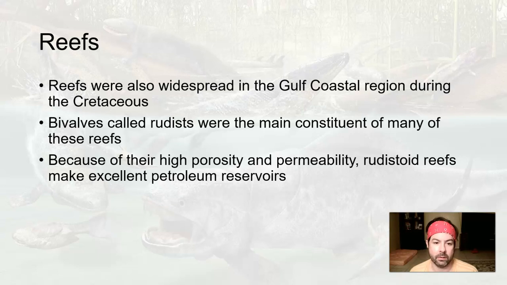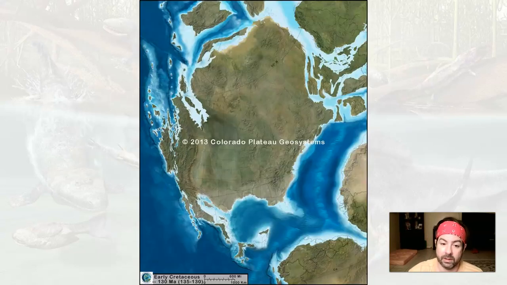The shells themselves have a high porosity and permeability, meaning it's easy for material to get into and out of them. These types of reefs make excellent petroleum reserves.